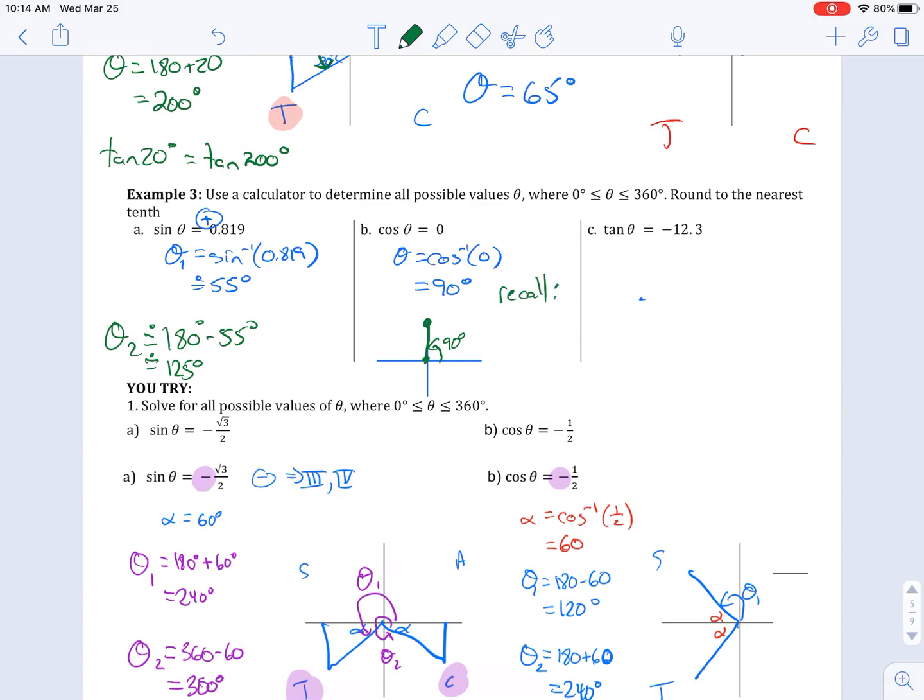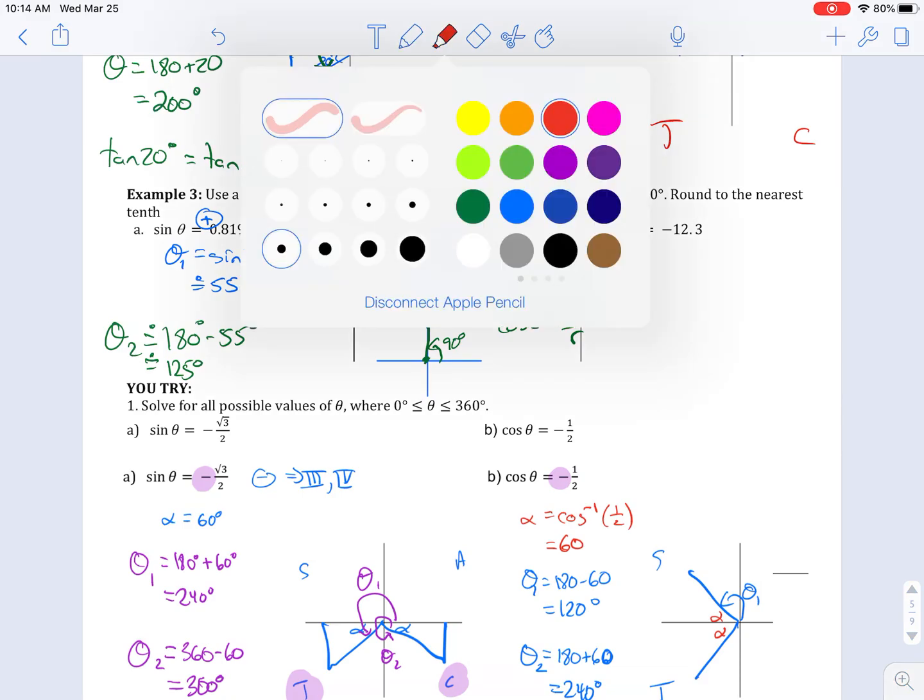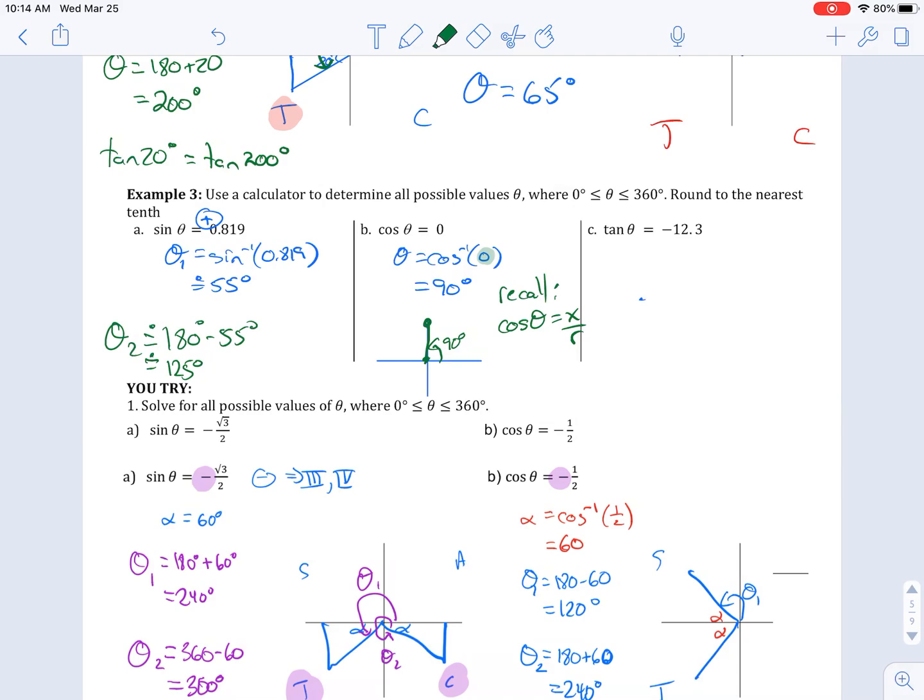But recall that cosine of any angle is x over r. If I had a value of 0, so 0 here, that means the only way I can have this work is x is equal to 0. So if you imagine your unit circle, when is x equal to 0? Well, one of them is 90 degrees.